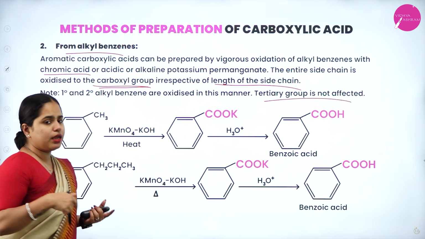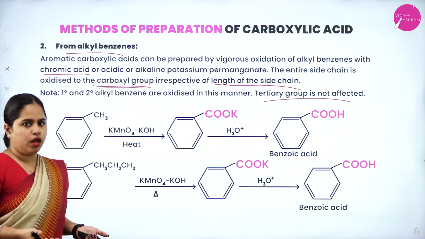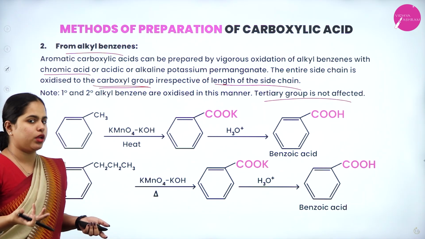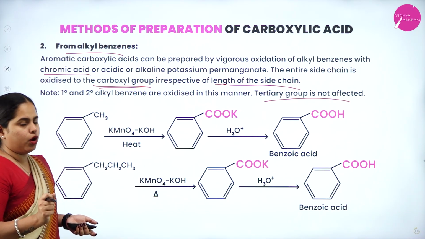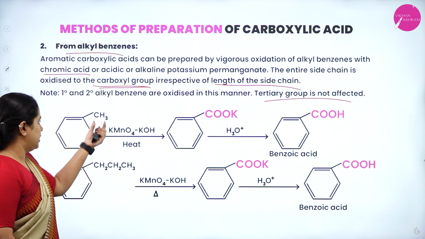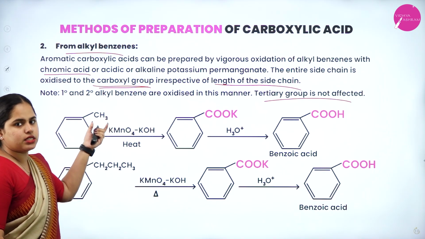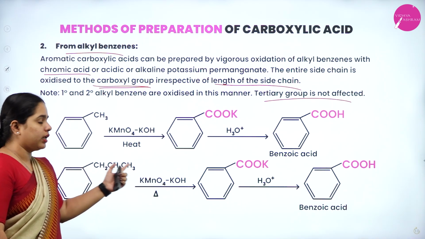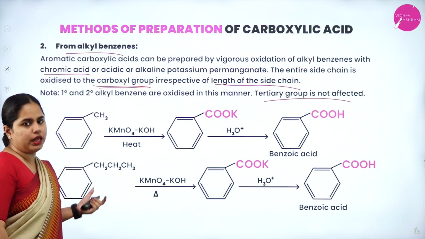So 2 points you have to remember here. If you are taking primary or secondary, you are going to get the product, that is your carboxylic acid. But if you are taking tertiary, in this method you cannot prepare it. Another important point is that however long the chain is, here you can see this is toluene, that is methyl benzene, and here there are 3 carbon atoms, so this is propyl benzene.